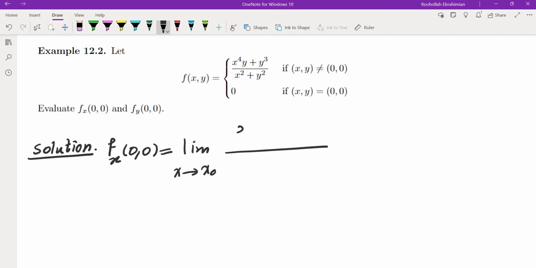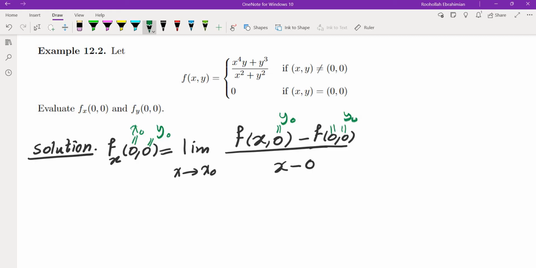So just using the definition, f of x comma 0 minus f of 0 comma 0 divided by x minus 0. So in this example, this one is x naught, this one is y naught. So this would be y naught, this would be y naught, this would be x naught, and this is going to be x naught. Now we are going to simply plug in the values into here and we are going to take the limit.